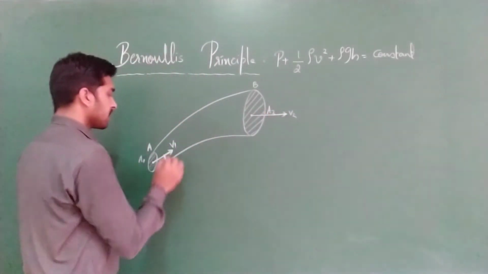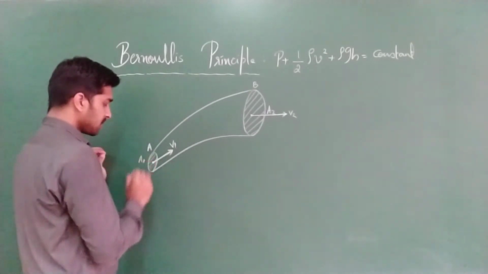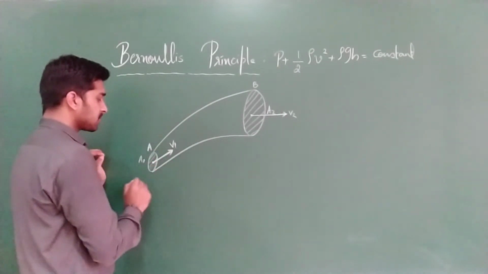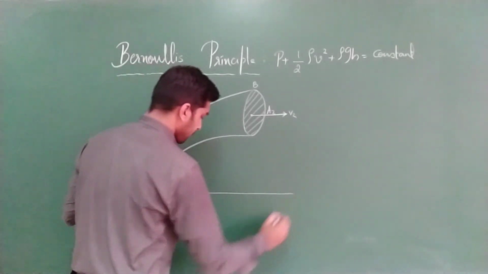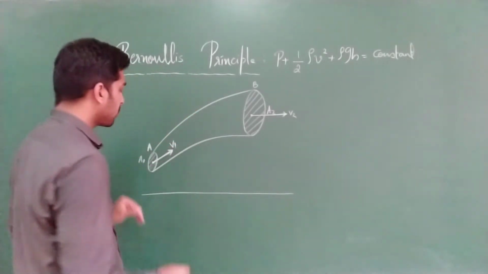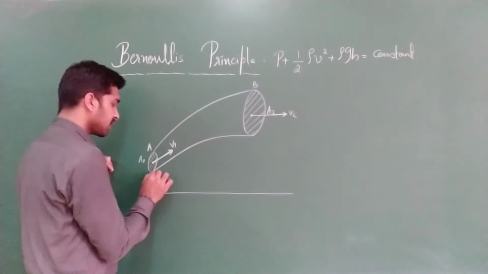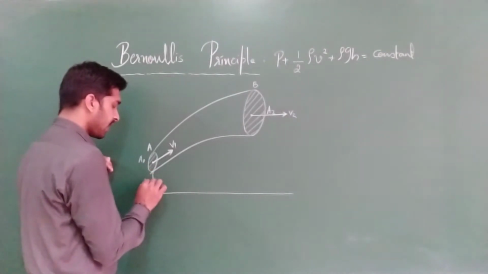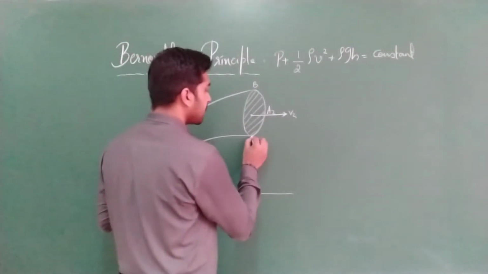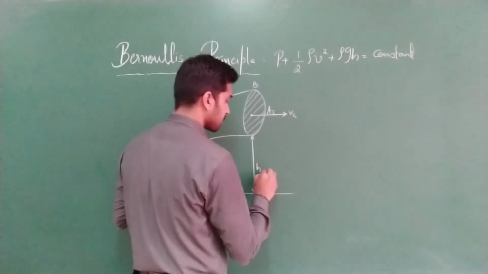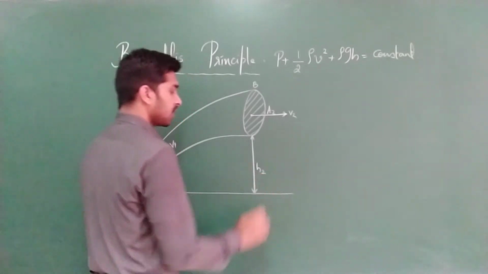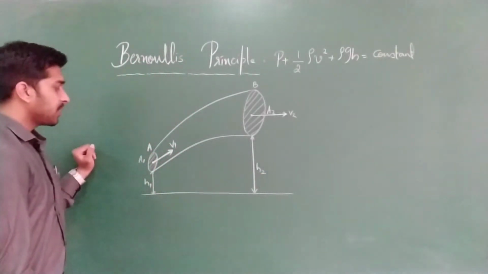Correct? Next thing we are going to discuss here, from the ground horizontal level, this cross-sectional area is at height h1 and this one is at height h2. Okay.